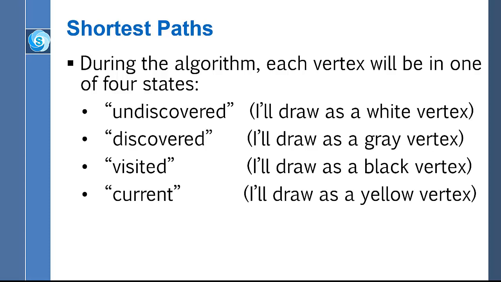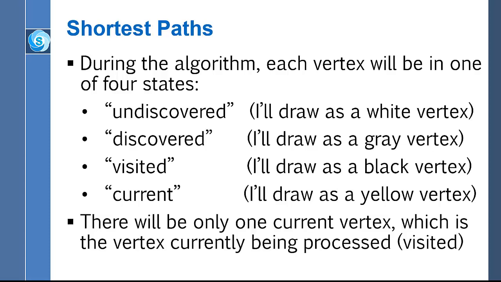And exactly one vertex will be yellow, and that will be the quote-unquote current vertex, meaning the vertex that is currently being processed, the one that's currently being visited. I say again, at any given moment, exactly one vertex will currently be being processed.